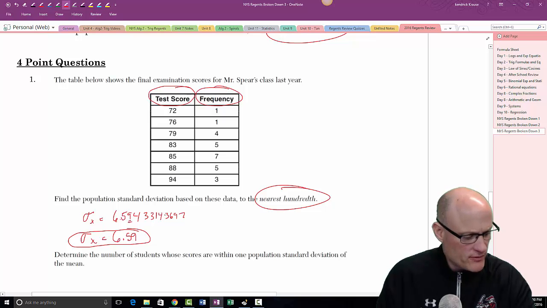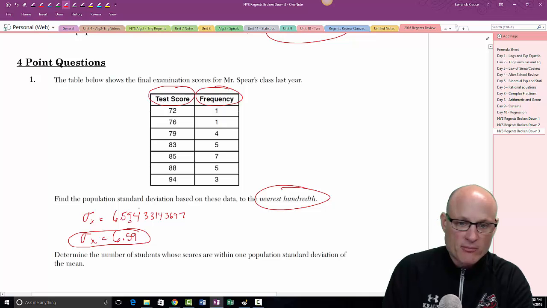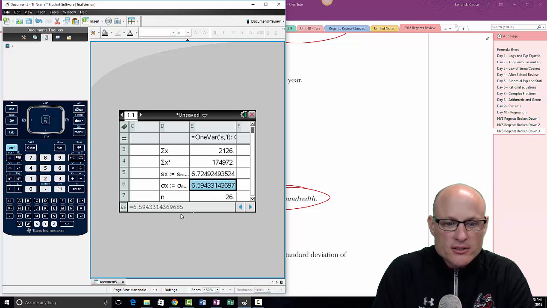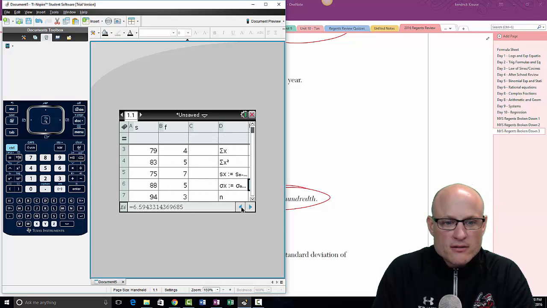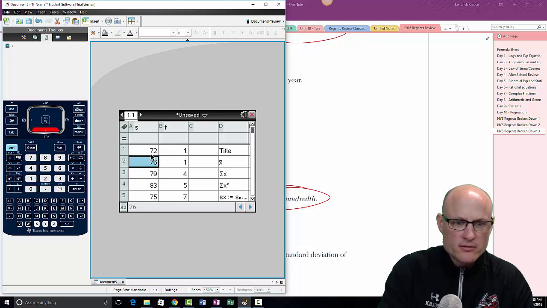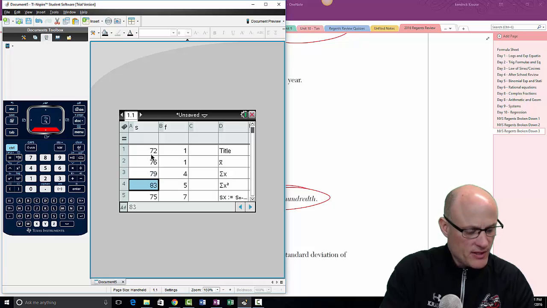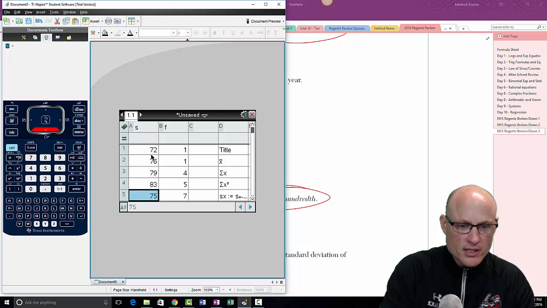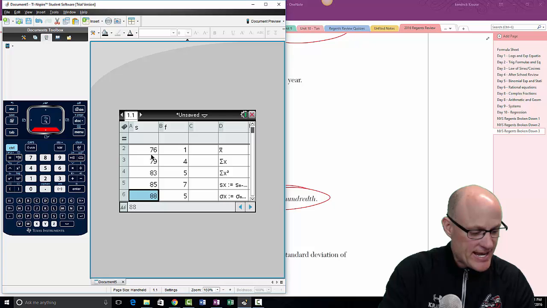Wow, that's weird. I got 5.2 when I did it before, so I'm going to check my numbers just to make sure I'm correct. So 72.1, 76.1, 79.4, 83.5. Oh, this should be 85.7, 88.5, 94.3.